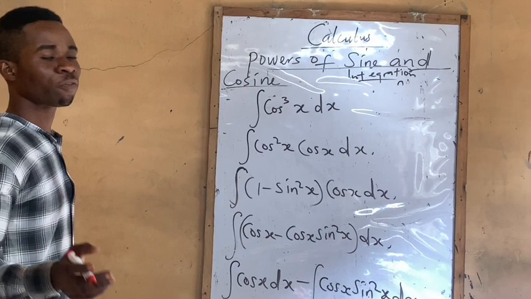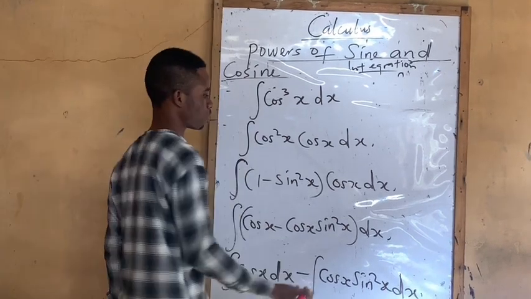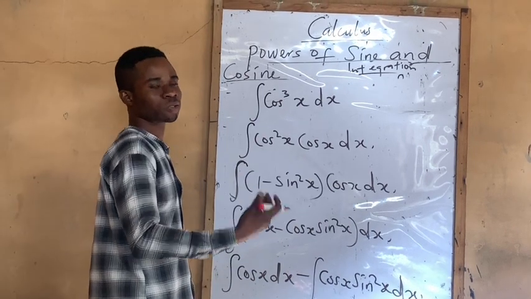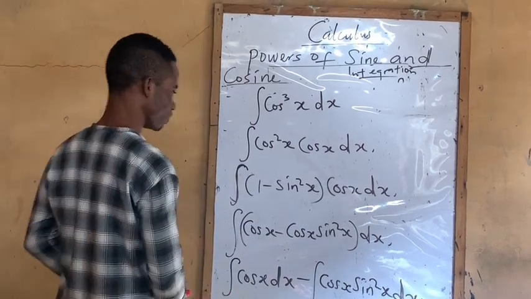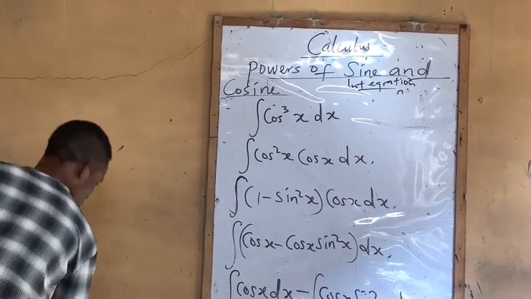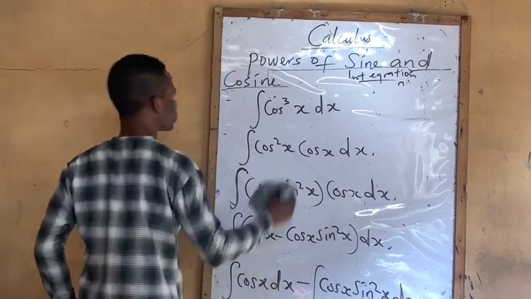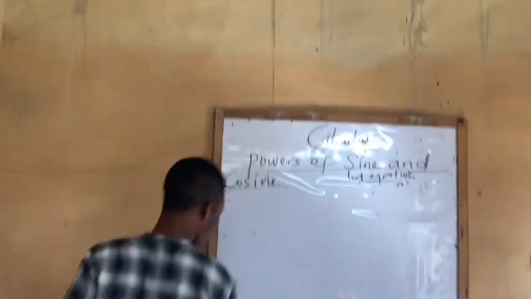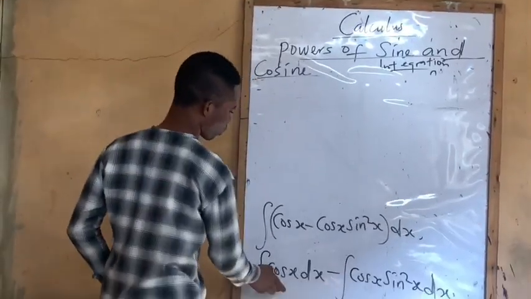Like the former examples I did, this is the minus I was talking about that was there before, and the other answer came with minus, and minus times minus became plus. So we are going to undo them one after the other. What is the integral of cos x dx?